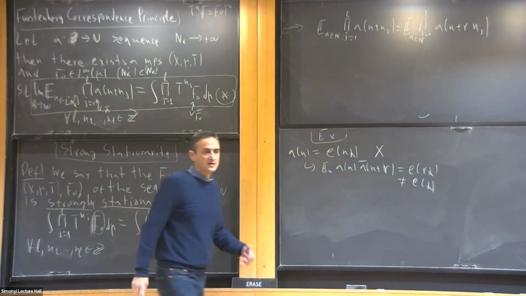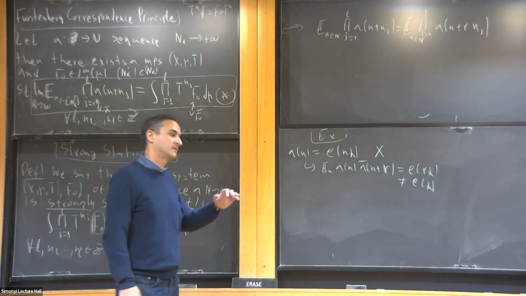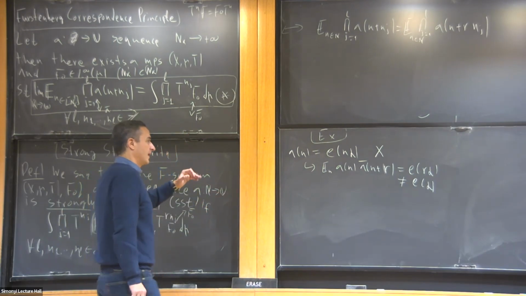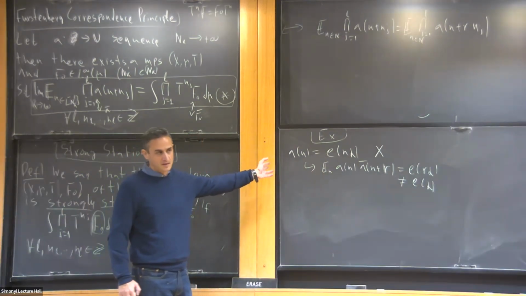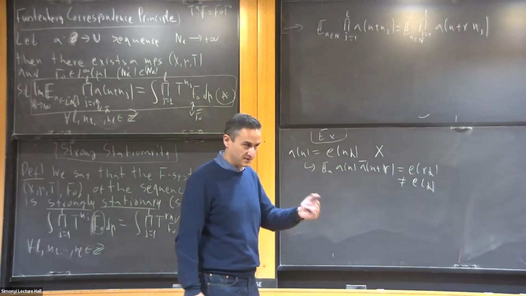So you definitely don't want to see rotations inside your system. It's not a proof; it's hard to prove. But if you are going to see eigenfunctions in your system, it is very likely not going to be strongly stationary. And actually, that's a theorem.